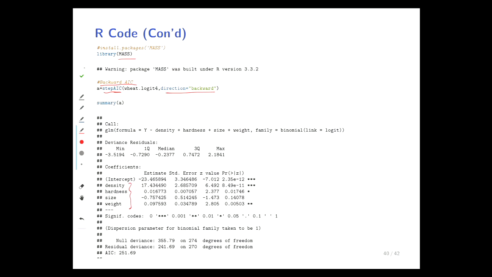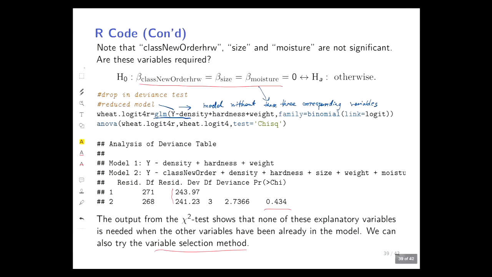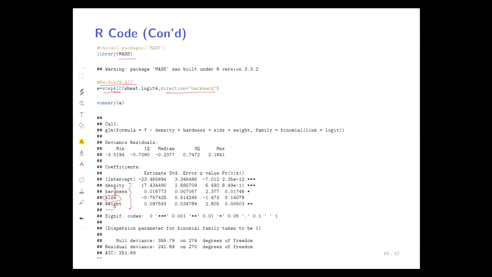So you can find that here the other 3 significant variables, the density, hardness, and also weight, are left, but we still have this insignificant variable size by using AIC here. And compared to this test result, basically we have a different conclusion.